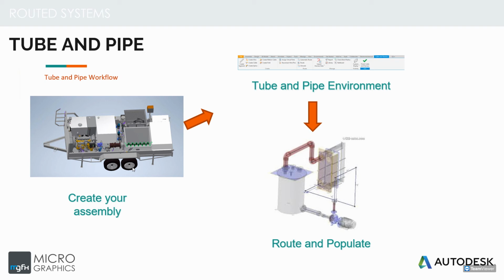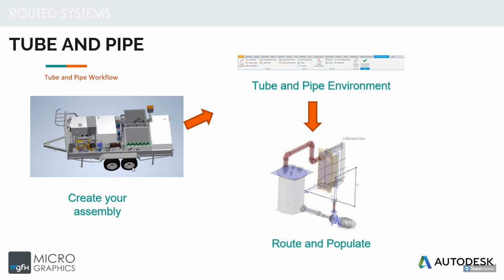Again, to summarize very simply, create your assembly, navigate to your tube and pipe, and lastly, you want to create a route and populate using whatever library parts you've assigned to that tube and pipe.